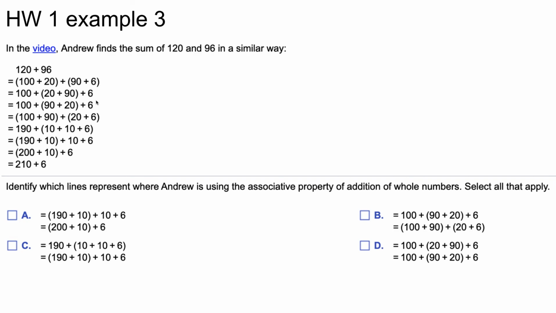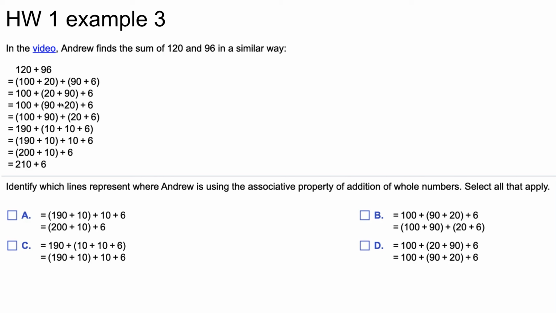The order didn't change, but how he associated it has been changed, right? So using the associative property, Andrew combined tens together and hundreds separated, and each digit has been separated, but tens are together. And then what he did, used the commutative property.